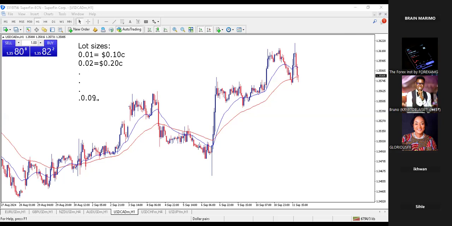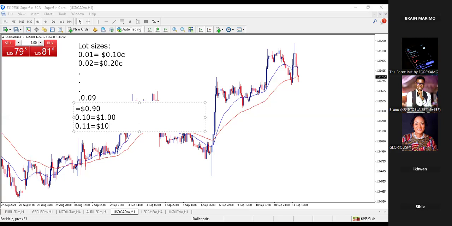So we said that would be 90 cents. And then 0.10 is exactly $1. 0.11 is $1.10, 10 cents more.